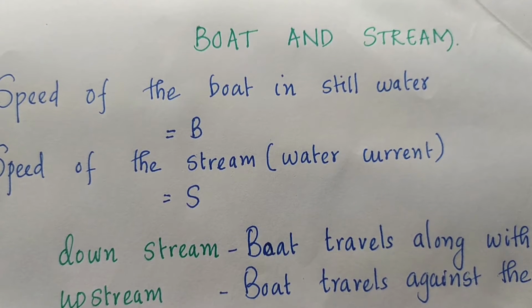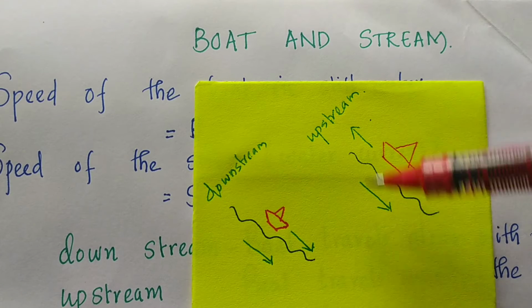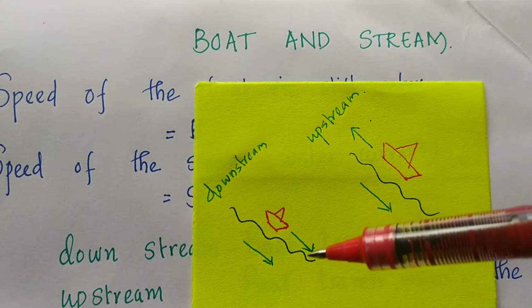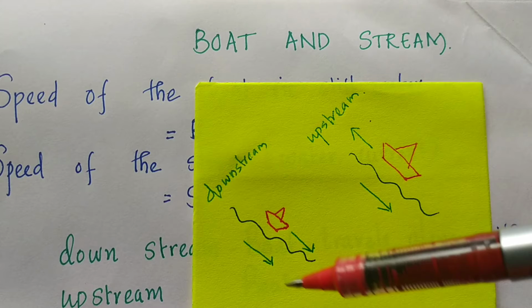So the boat can travel in two directions. Boat can travel along with the direction of the stream, or boat can travel against the direction of the stream. So that is called downstream and upstream. So you can understand the concept of downstream and upstream through these pictures in a better way. So the river always flows downwards, right?